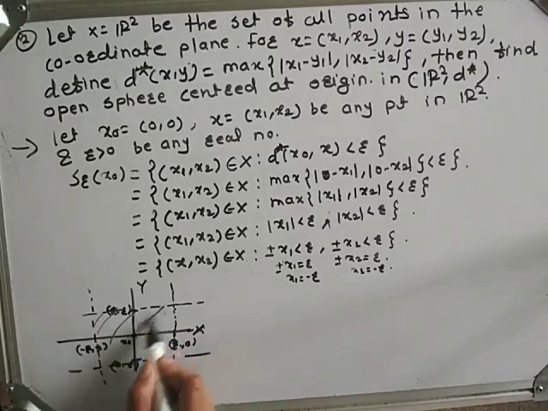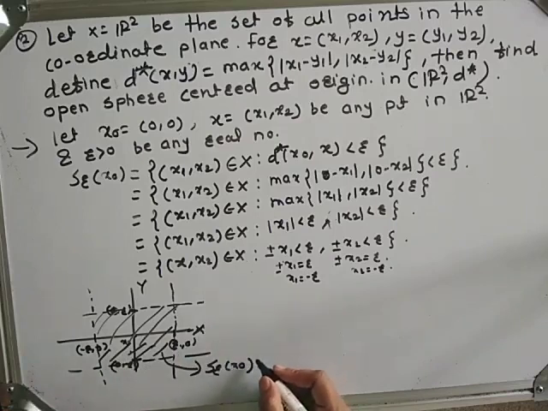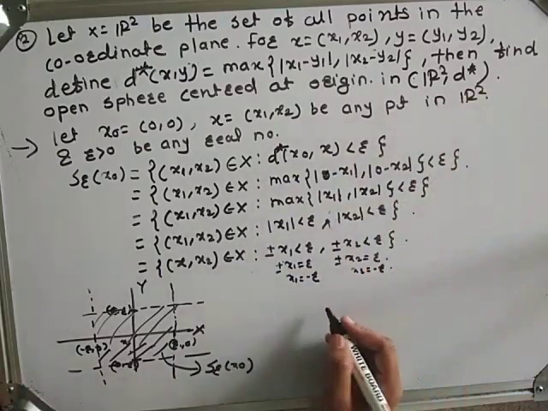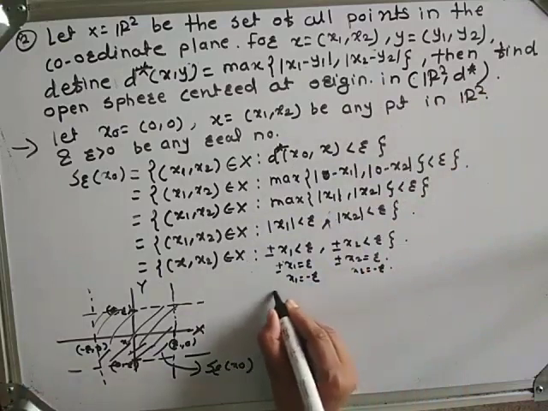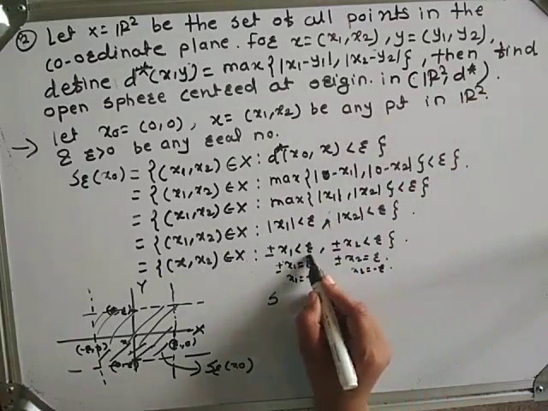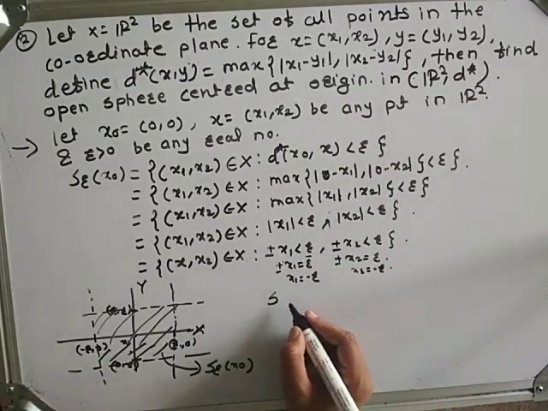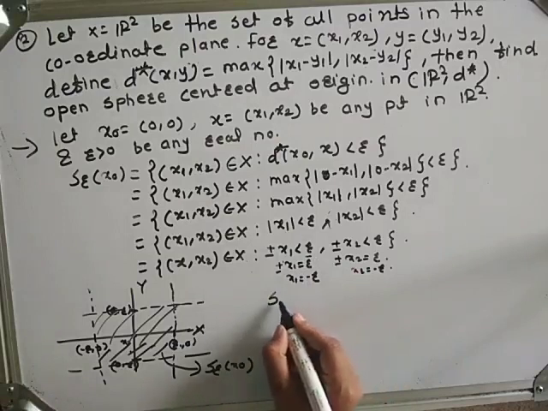This interior region denotes the open sphere centered at origin in R2 d star. Now what is the unit sphere centered at origin in R2 d star? For the unit sphere, just replace r by 1, and we get the unit sphere centered at origin in R2 d star.